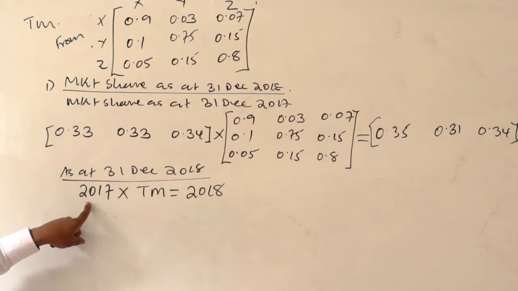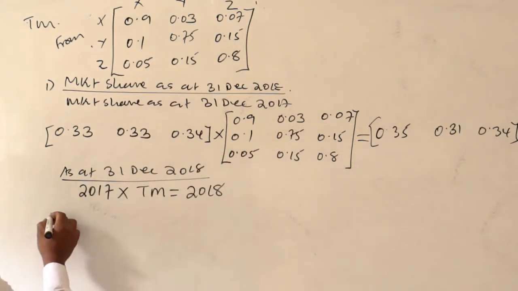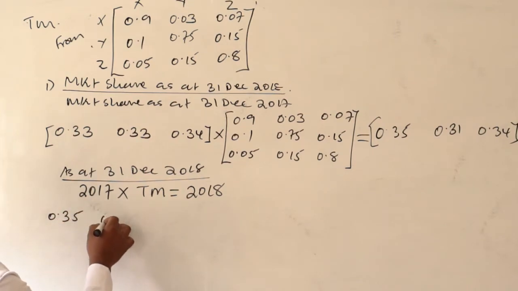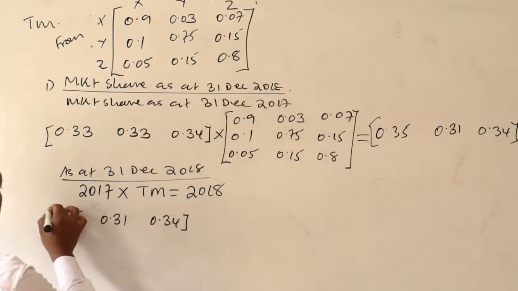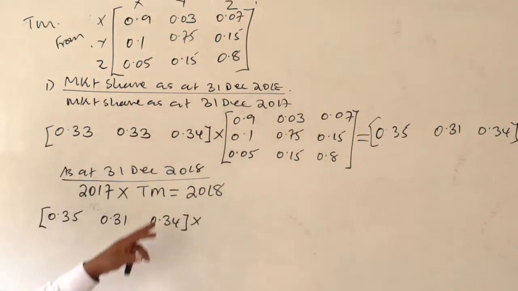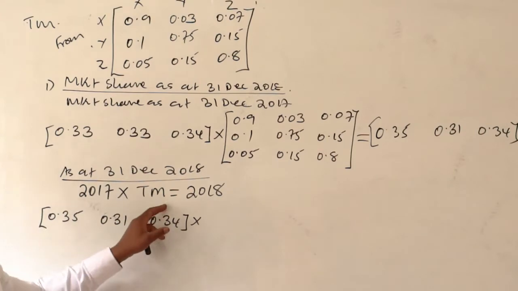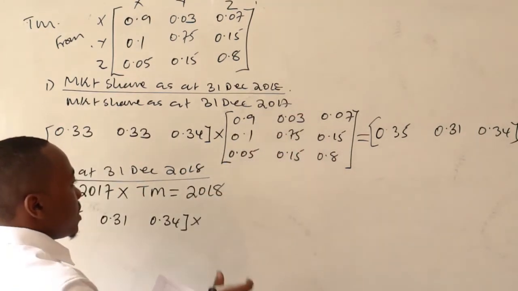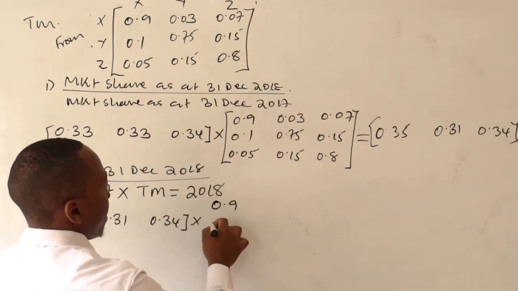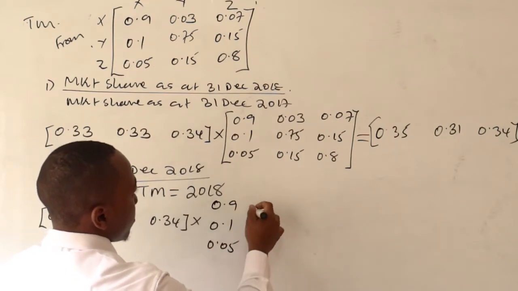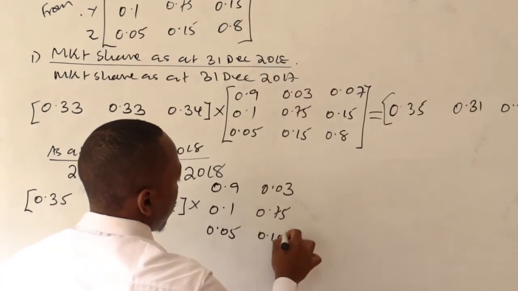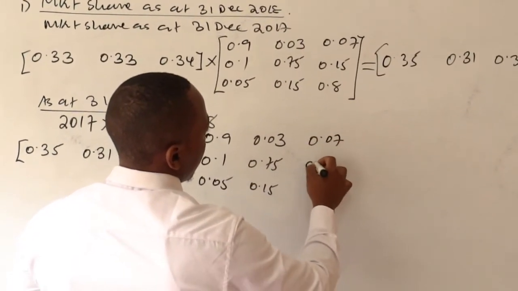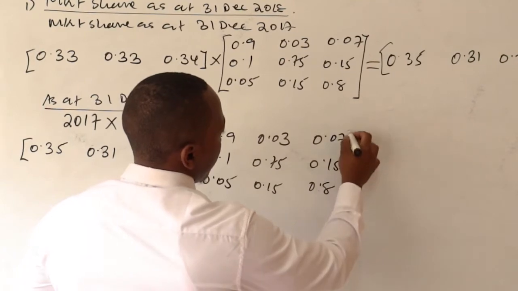That's why first of all you computed for 1st December 2017, which is 0.35, 0.31, and 0.34. You multiply by the transition matrix you have developed, which is 0.9, 0.1, 0.05. That one does not change. Then 0.03, 0.75, 0.15, 0.07, 0.15, and 0.8.